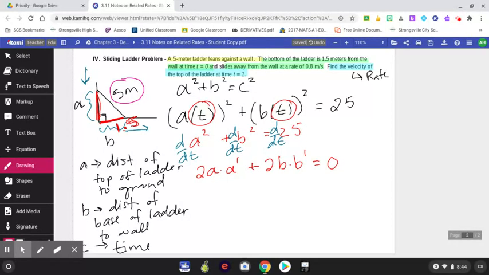I also know that the rate, b prime, that the ladder slides away from the wall is 0.8. And I know that this is going to be a positive rate because the distance is growing, okay?